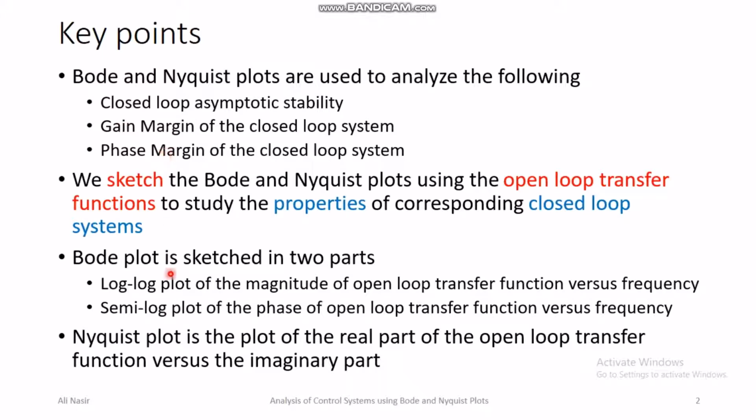Whereas if you decompose the transfer function into magnitude and phase, then you get the Bode plot, which is basically a combination of two plots. Sometimes this is called Bode diagram, and this Nyquist is called Nyquist diagram, but it does not matter what word you use as long as you are consistent.